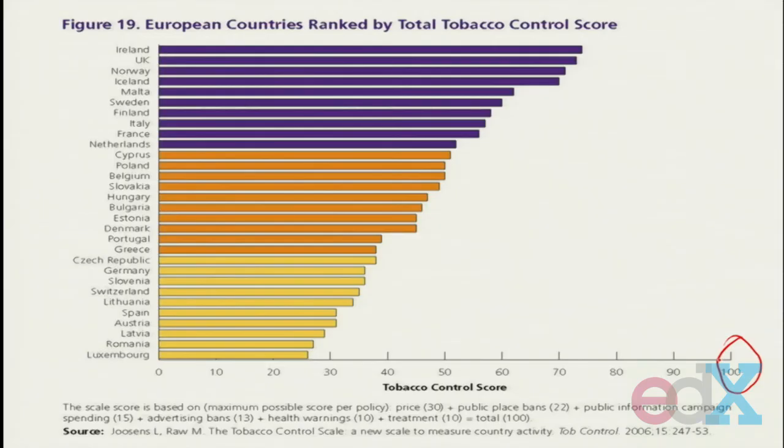And here we have it. The top country is Ireland and has that bar. The next country down is UK, and then Norway, and so on. And we can see how this varies amongst the European countries. Okay, so that's a bar chart.